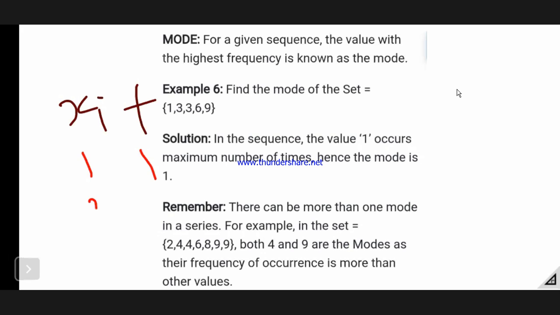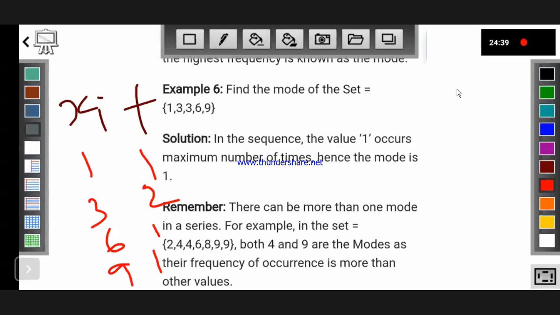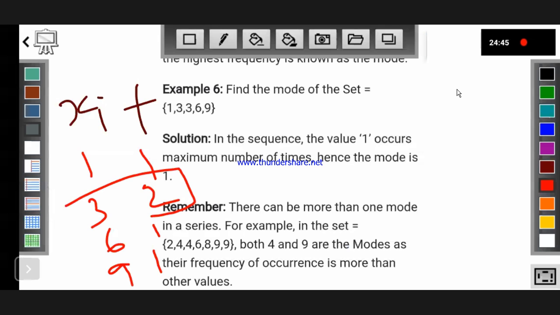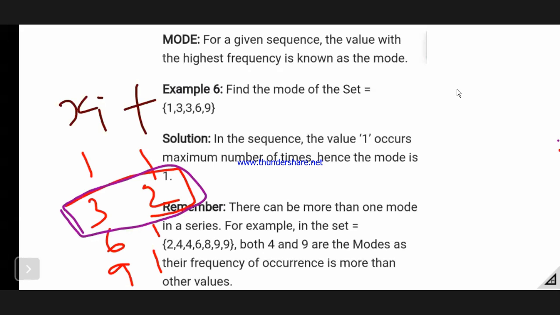For 3, the frequency is 2. For 6, it is 1. For 9, it is 1. In this, we can find that 3 has occurred more times than other numbers. All other numbers occurred only one time, but 3 has occurred 2 times. Hence, the mode is equal to 3.